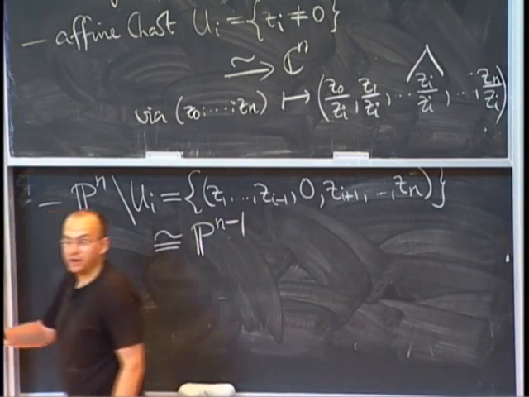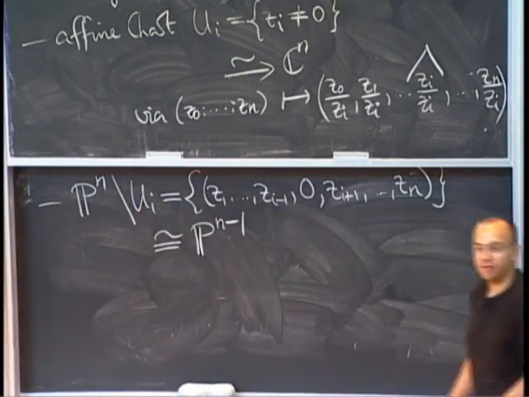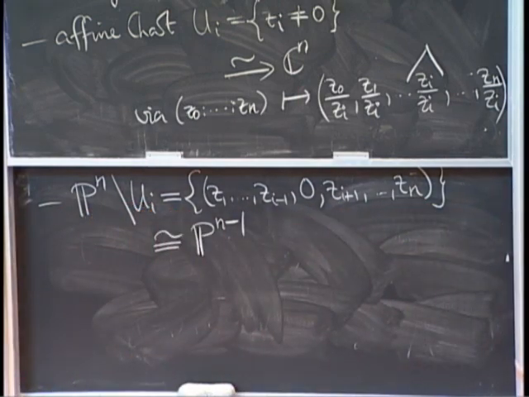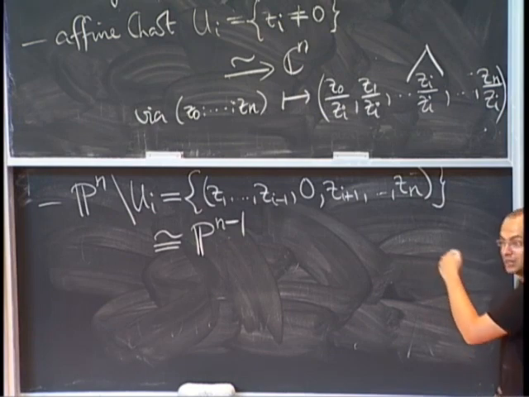That gives you a cell decomposition, or CW decomposition, of projective space that lets you compute the Betti numbers, the homology groups, the fundamental group, and all that stuff by inducting on the dimension.